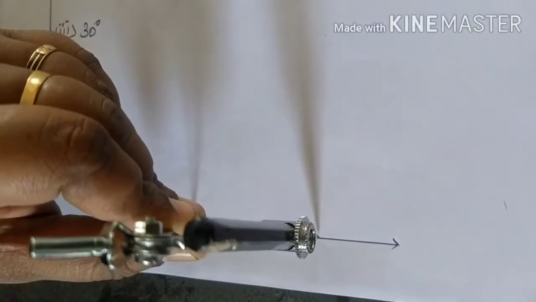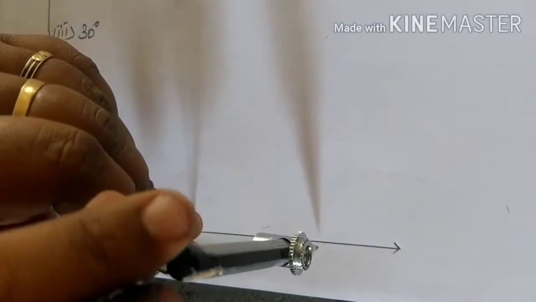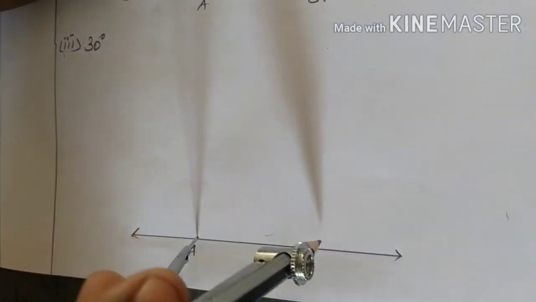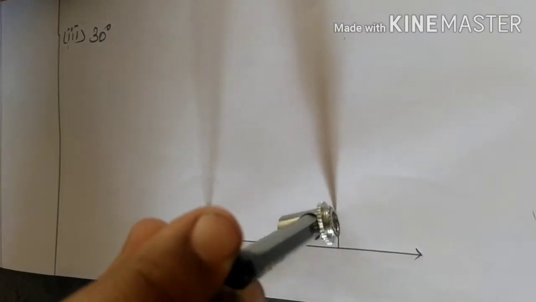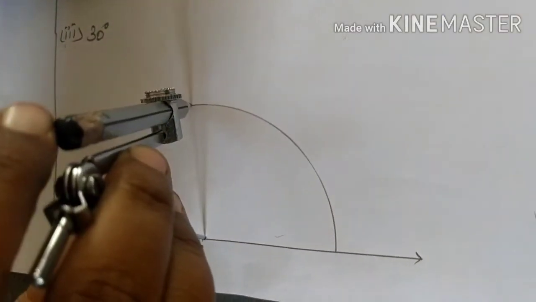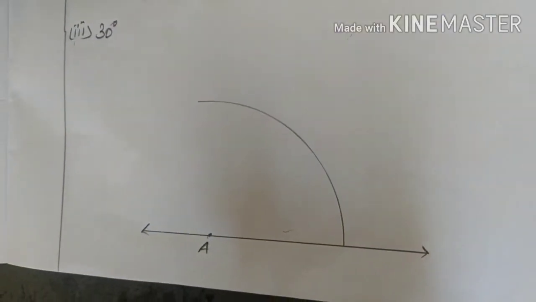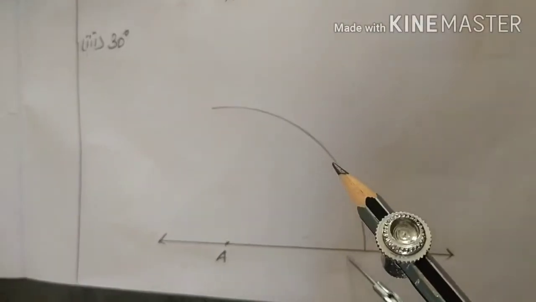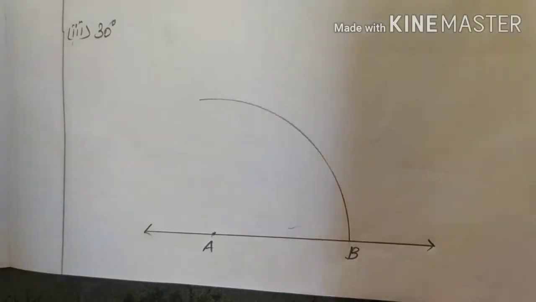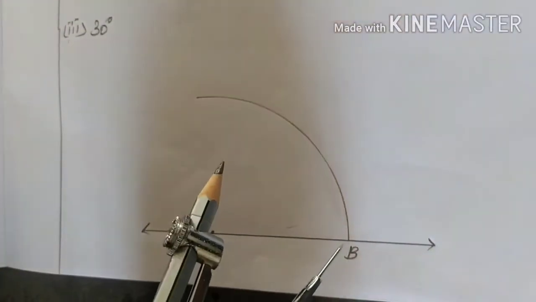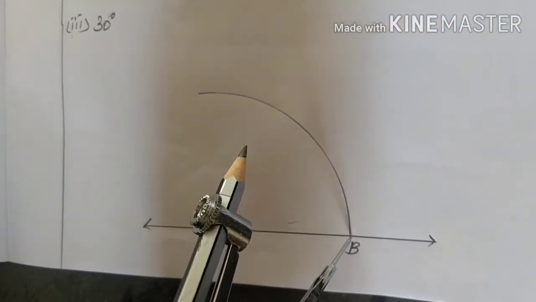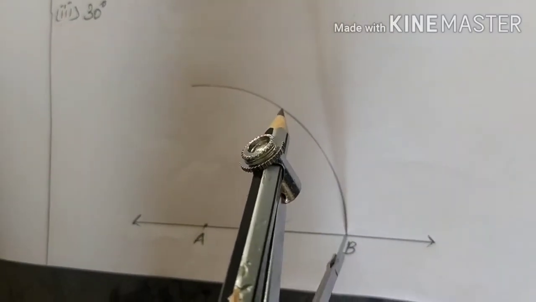My convenient angle is this. Draw the arc like that. I have drawn it. Like the 60 degrees, you just do the same, and keep this one as B. Again keep the compass at B and cut this arc.